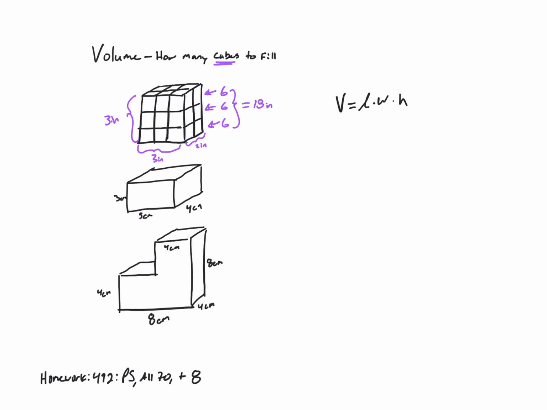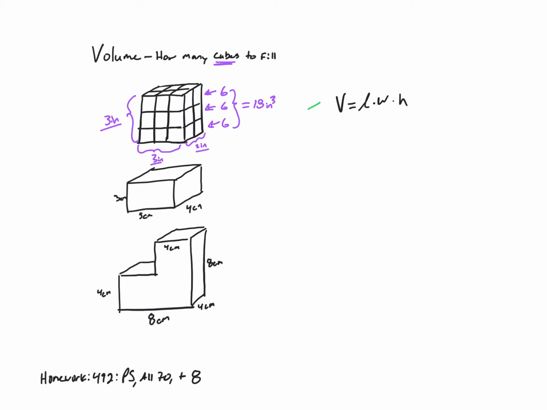I said cubic and wrote squared. If I have little inch cubes, maybe foam blocks or something, it would take me 18 of those to fill up this box. Notice that 2 times 3 is 6, times 3 is 18.